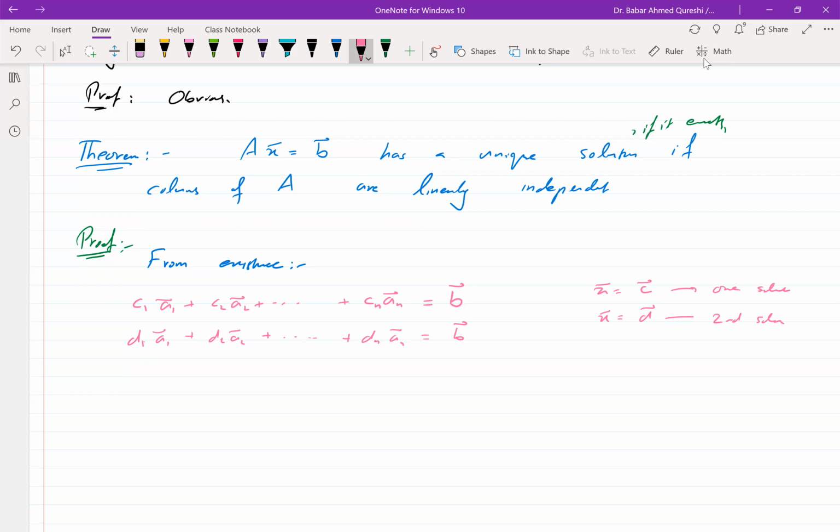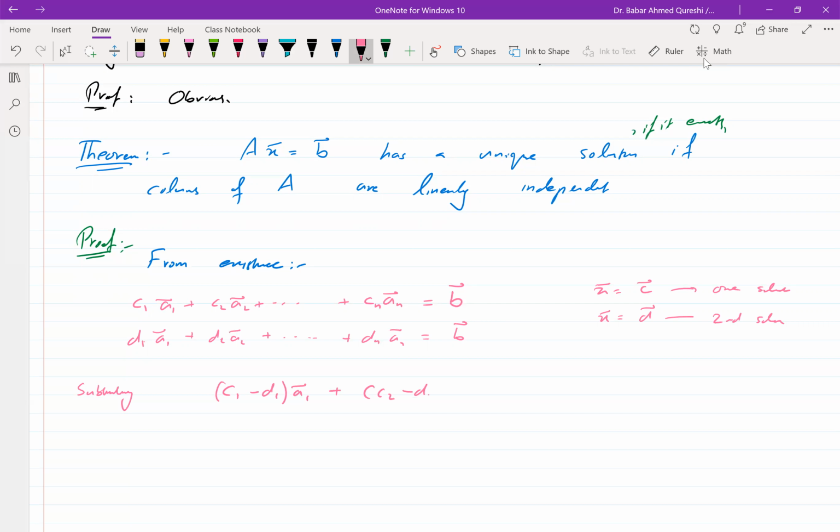So I can subtract these two equations, and that will give me A2, AN is equal to 0.